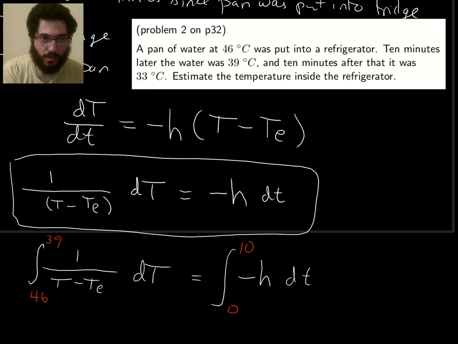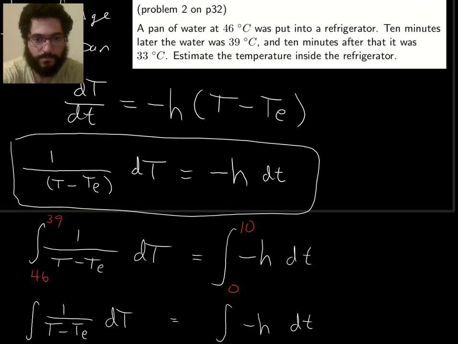And also, if I run this from little t equals 10 to little t equals 20, then big T, when little t is 10, corresponds to 39, and when little t is 20, corresponds to 33.